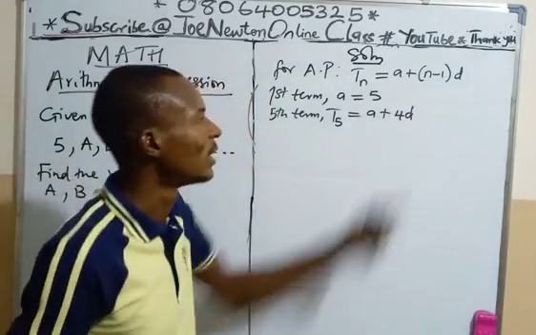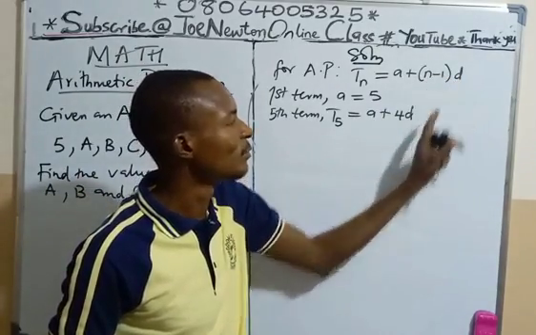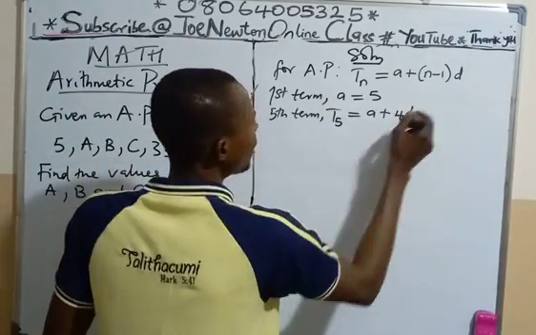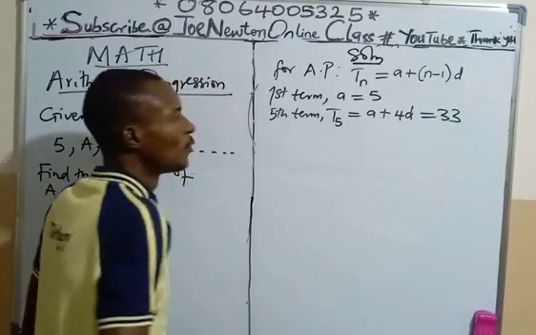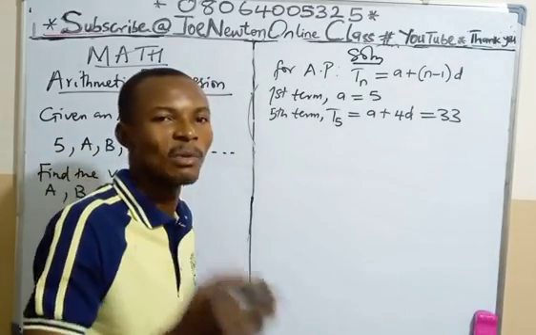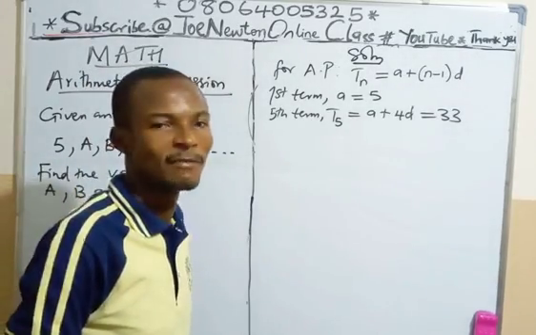This is obtained from the general formula because 5 minus 1 is 4, and 4 times D is 4D. We are given that the fifth term is equal to 33. With this, we can find the common difference first. Once we find the common difference, we can easily find the missing values.